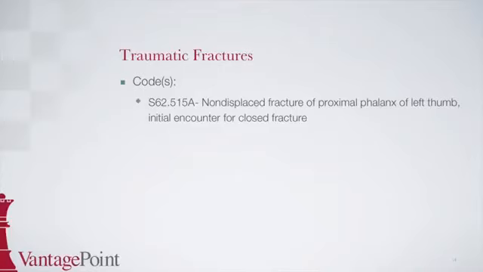Your other option for a fracture is a pathologic fracture, but we don't want that because a pathologic fracture is caused by disease and is not the result of an injury. In the traumatic fracture section, you would then go to thumb, then proximal phalanx, then non-displaced, which points to S62.51 with a checkbox next to it indicating that more digits are required.